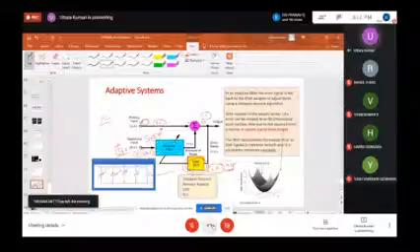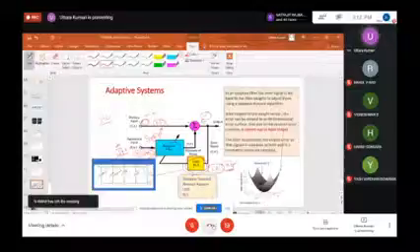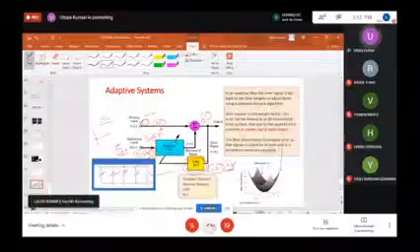Correct? So in this particular case, what we will do is take this as the primary input. We don't know what all the other components are, so we take all the other components as noise.